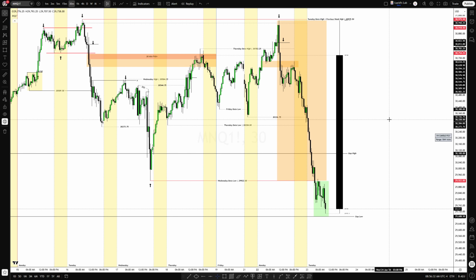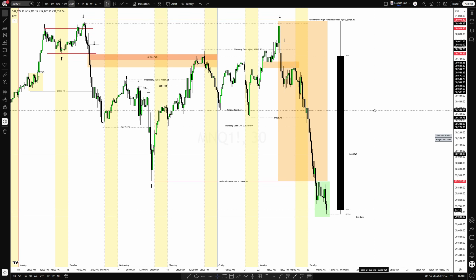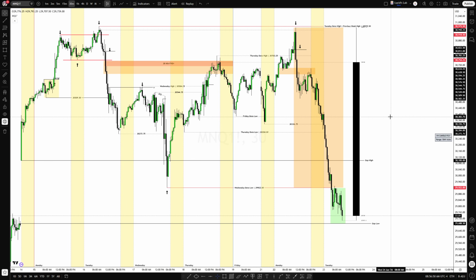Tying all of the trading ranges into each other. Usually I would just go through all of the trading ranges one by one, and give you guys a video every day. And if you've been paying attention, then you would just be tying those videos together and just looking at each and every range and how they panned out, how they gave you opportunities to participate within London, Asia, and of course New York as well.